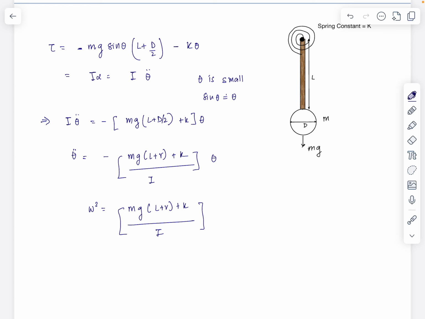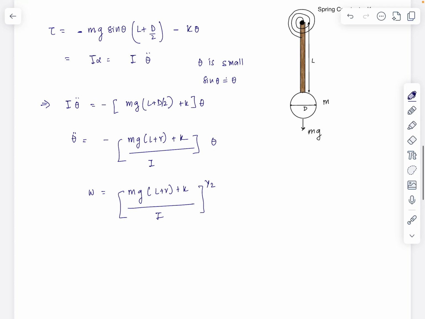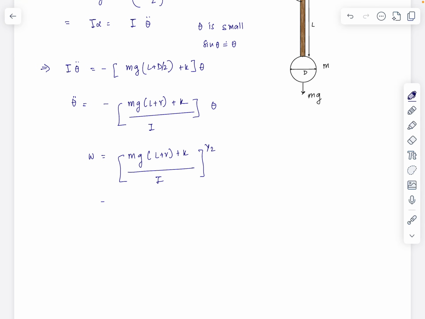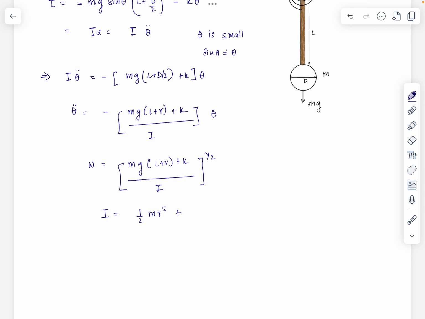So let's take out the square from the left and put a square root on the right. Now what is I here? I equals half m r squared, because that's the moment of inertia of the circular disc, plus the distance of the center of the circular disc from the pivot point, which is m times (L plus r) squared.